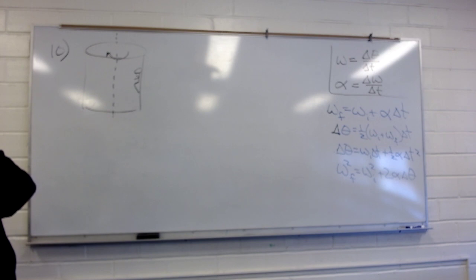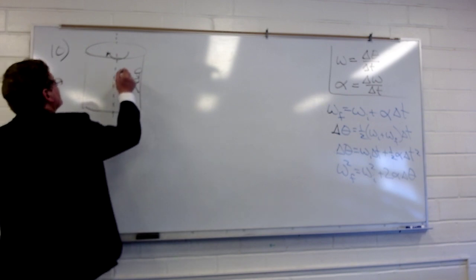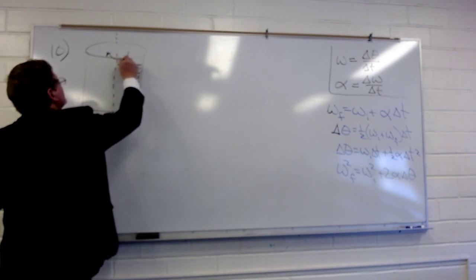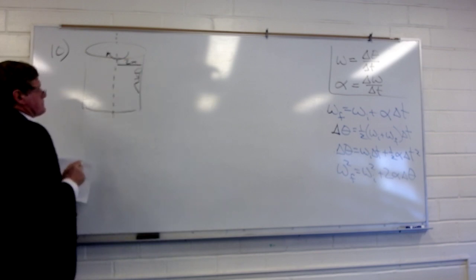it spins up from rest to a final angular speed, after which the floor drops out. The ride, which starts from rest, after 15 seconds of constant acceleration, the room has made a total of 6 revolutions, and the radius of the room is 2 meters. So this distance here is 2 meters.